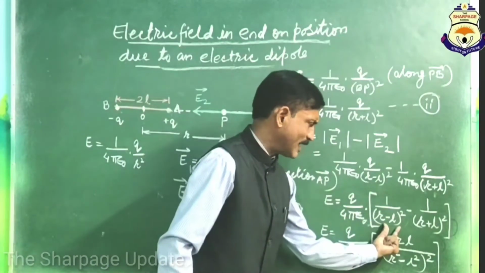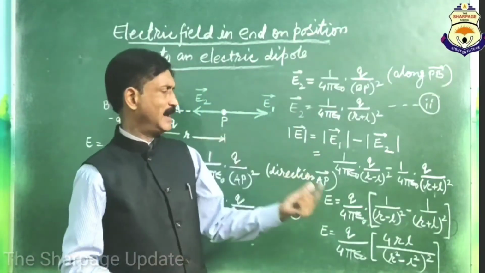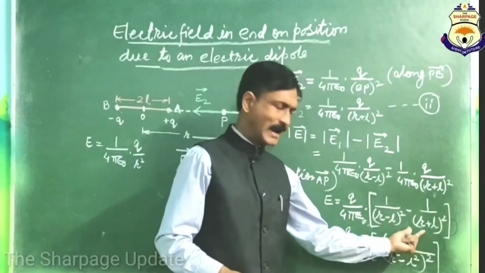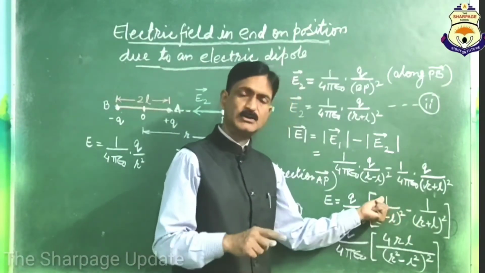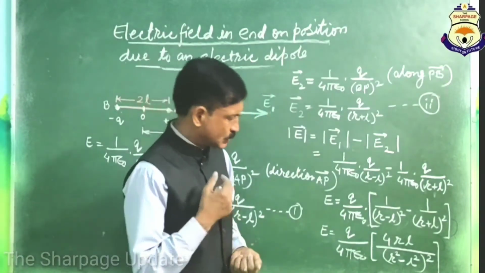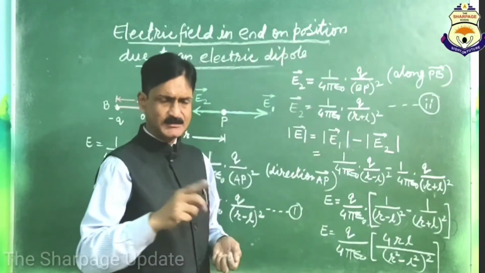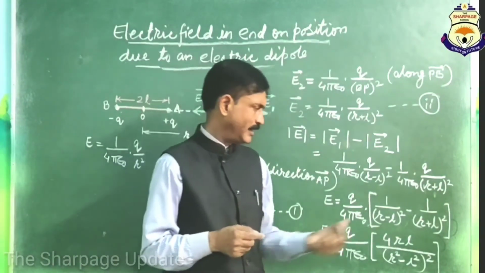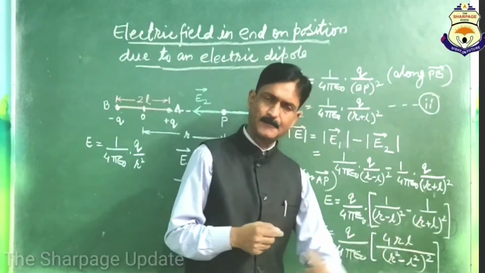(R minus L) whole square into (R plus L) whole square will be the LCM of this bracket, and here in numerator there will be (R plus L) whole square minus (R minus L) whole square. So with the help of identities (A plus B) whole square and (A minus B) whole square, if we open the brackets, then we get 4RL.